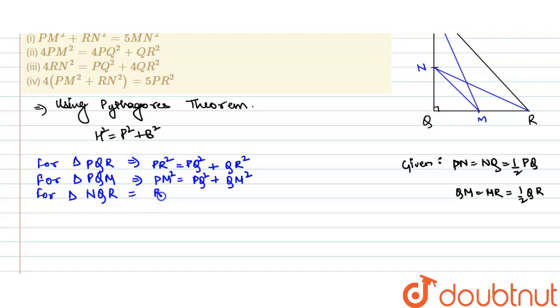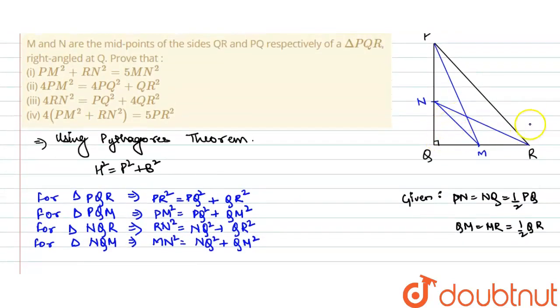Here RN square will be equal to NQ square plus QR square. And for triangle NQM, we have MN square is equal to NQ square plus QM square. These are the four equations that are derived from the following right angle triangles.